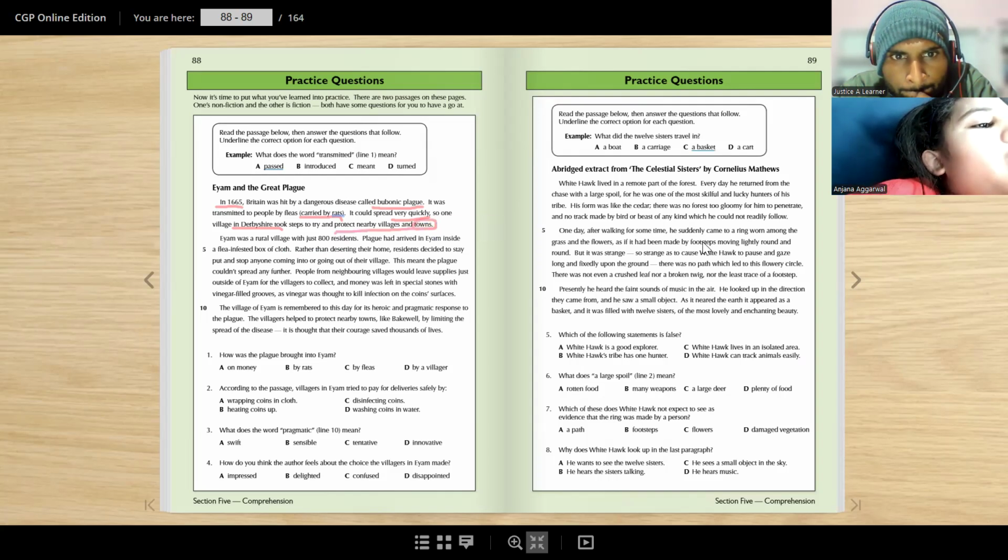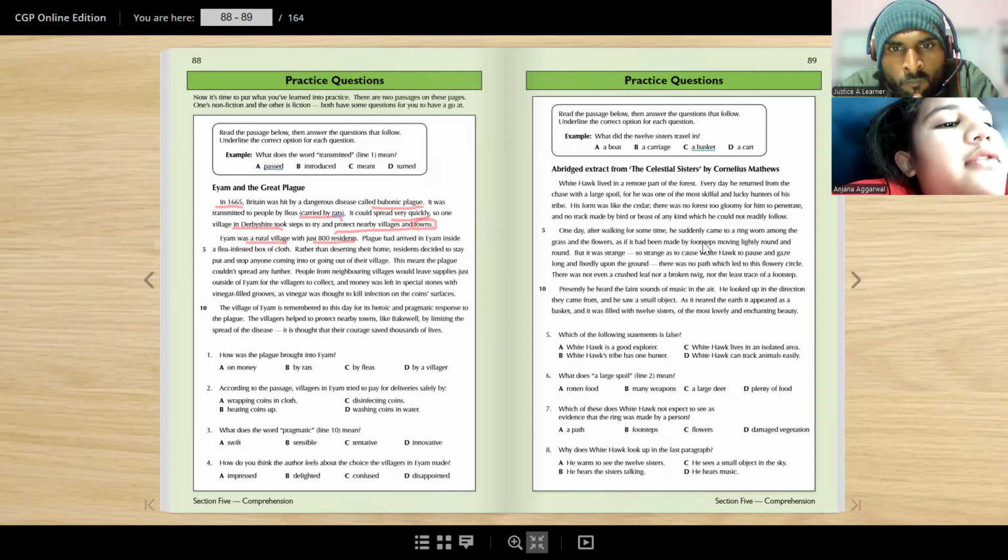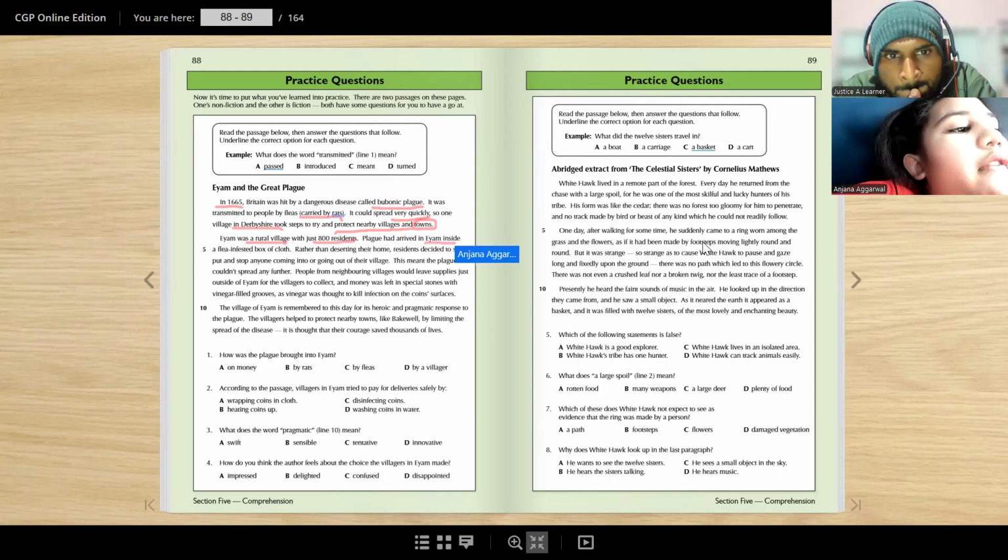Eyam was a rural village with just 800 residents. Plague had arrived in Eyam inside a flea-infected box of cloth. Rather than deserting their home, residents decided to stay put and stop anyone coming into or going out of their village. This meant the plague couldn't spread any further.